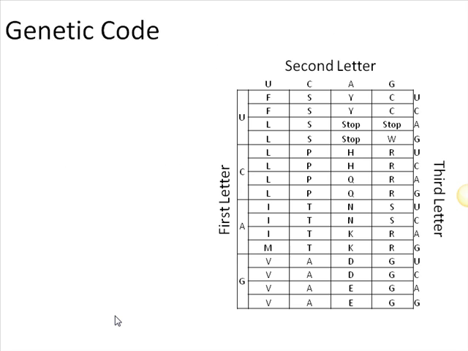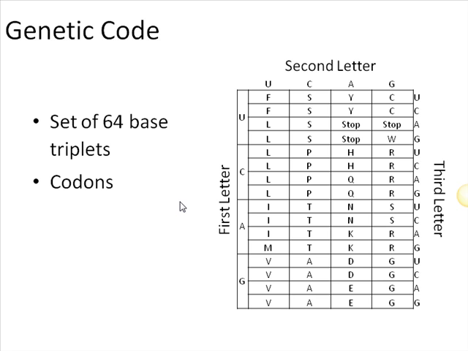So let's actually take a look at how we read the genetic code. So remember, there are a total of 64 different combinations, but there's only 20 amino acids. So some of the amino acids, you'll notice, are used more than one time. So for example, CUU codes for lysine, but so does CUC.